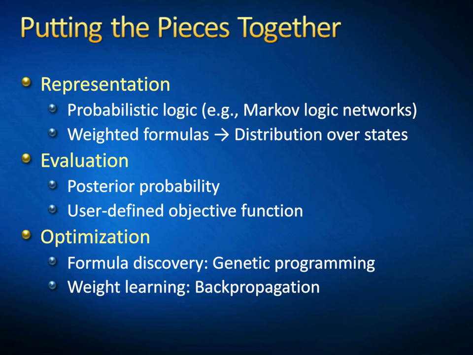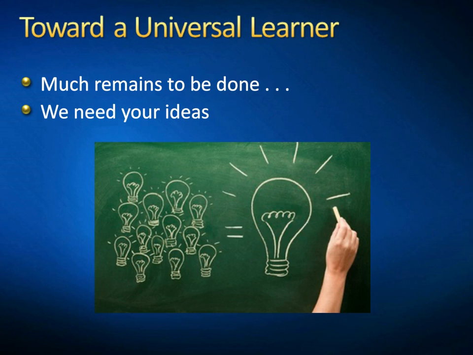And there are some people that believe that once we have that, we're done, right? We have, in some sense, a learner that can do anything. I'm a little skeptical of that. I think that even after we unify all these things, there are probably still some important ideas that we haven't had yet, and that we need to have in order to really have a universal, general purpose learner.